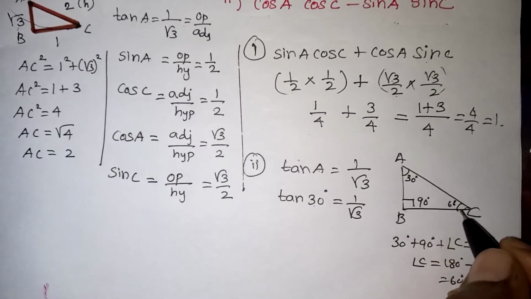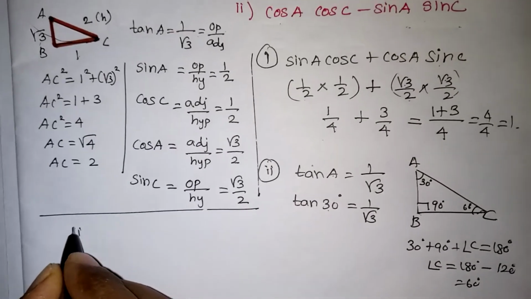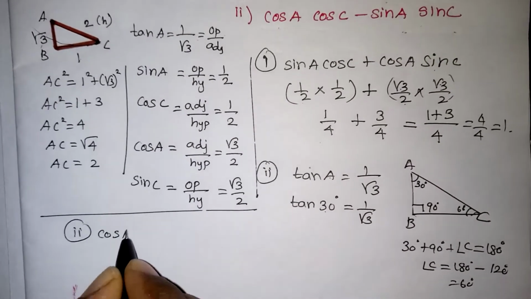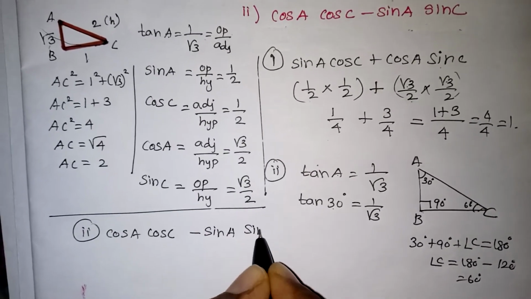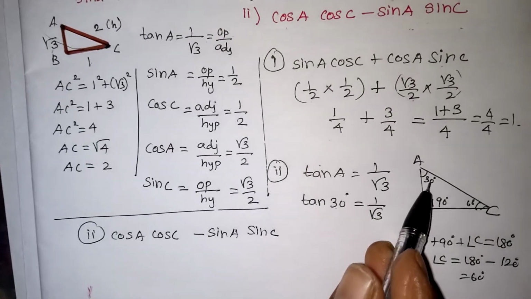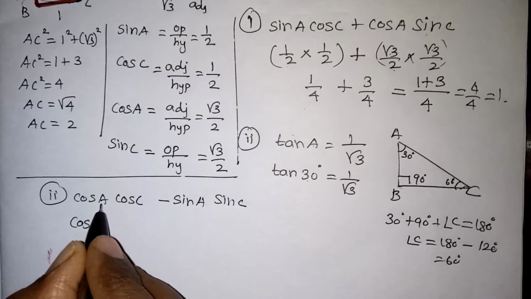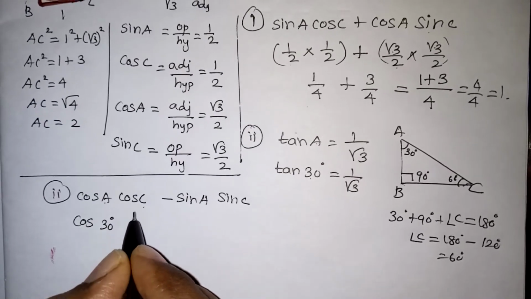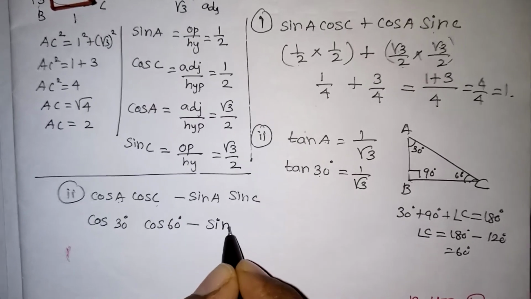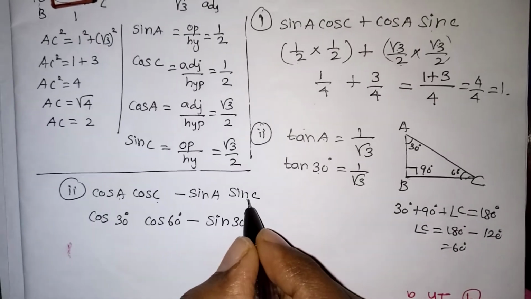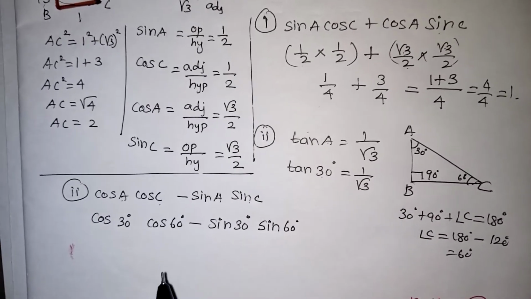So by using the angles also we can find it. This is our second problem. Our second problem given to us is cos A cos C minus sin A sin C. Now in the place of A we put 30 degree, and in the place of C we take 60 degree. So cos A is cos 30, cos C is cos 60, minus sin A is sin 30 and sin C is sin 60. Wherever we get C, we replace it with the angle 60.